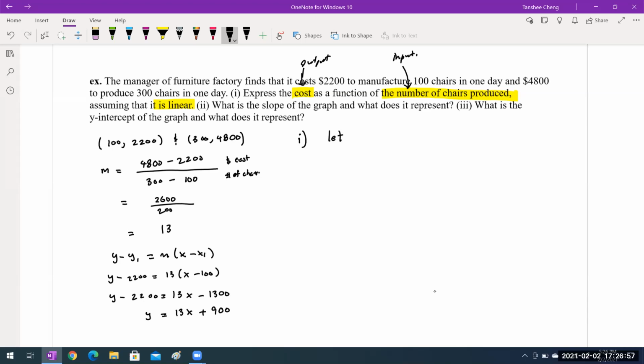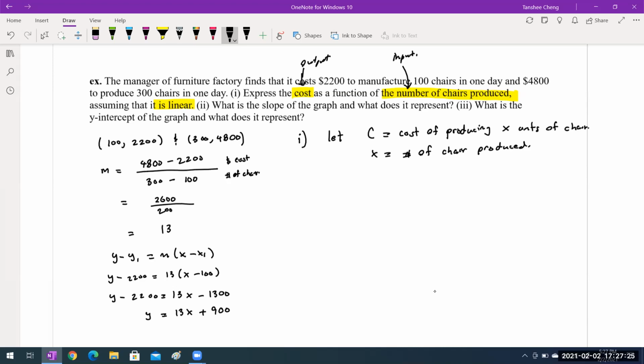So I would say let C represent the cost of producing x units of chairs, and let x be the number of chairs produced.